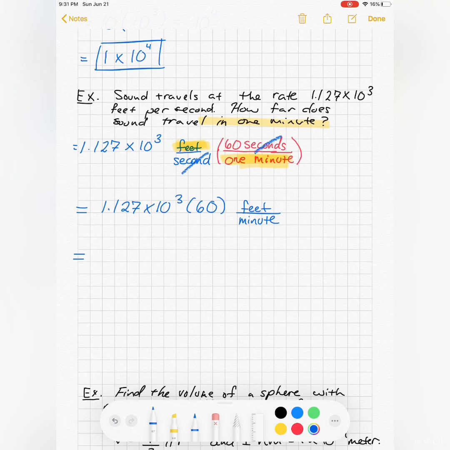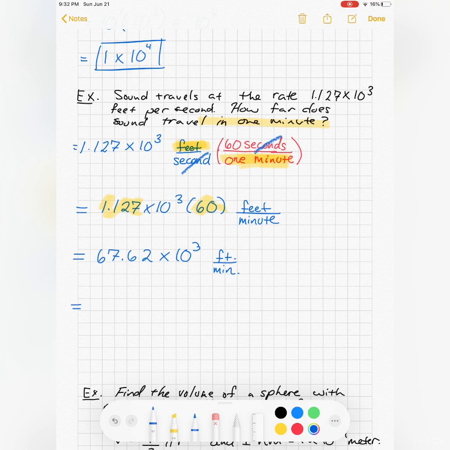Oh, so I don't know. I suppose you could use a calculator for this. 60 times 1.127. Let's see, so that's 67.62. So what I did is I used my calculator to multiply 60 times 1.127. Okay. So then I just have to deal with the decimal here.